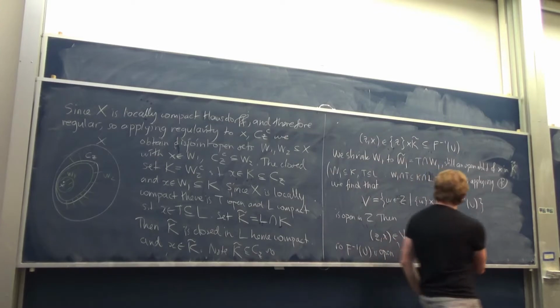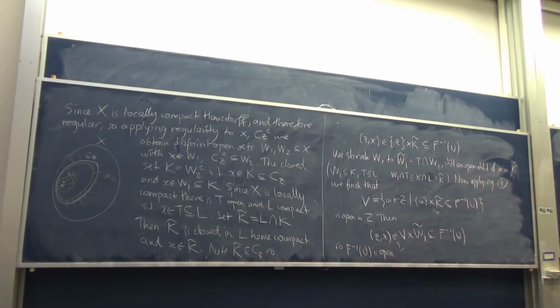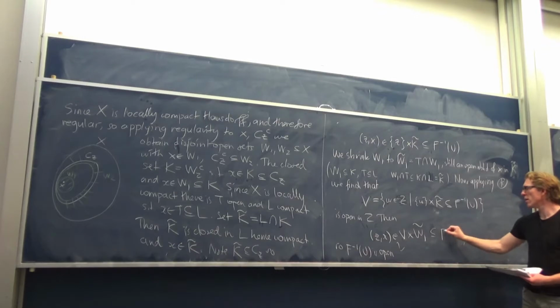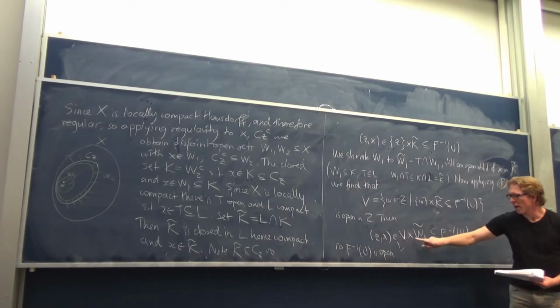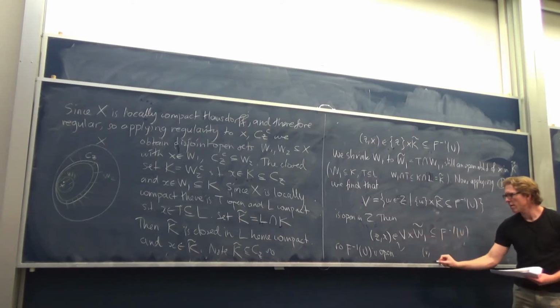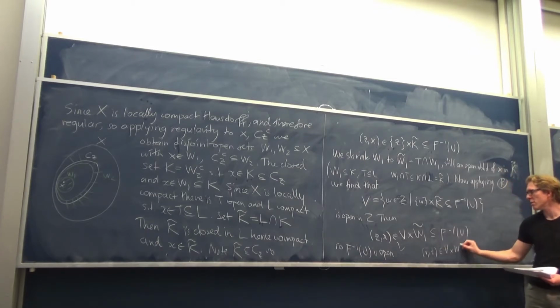And, well, this here, well, so maybe. So why is this true? Well, take a pair. So take a V and, I don't know, a T in V cross W1 tilde.